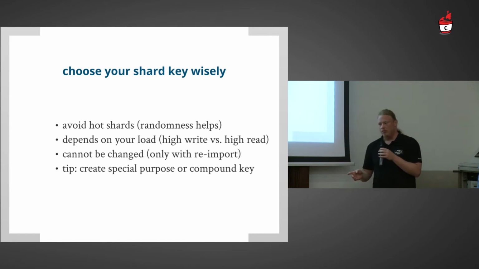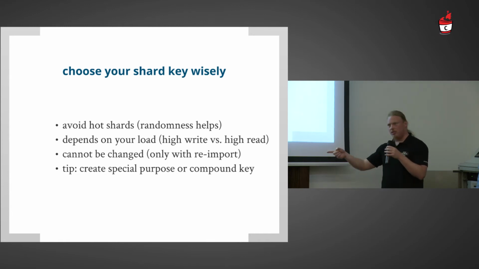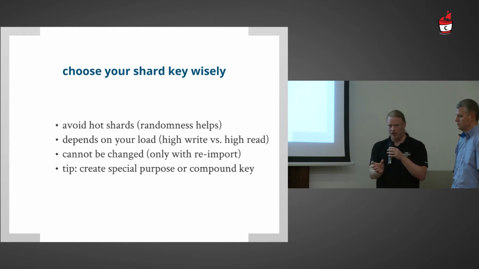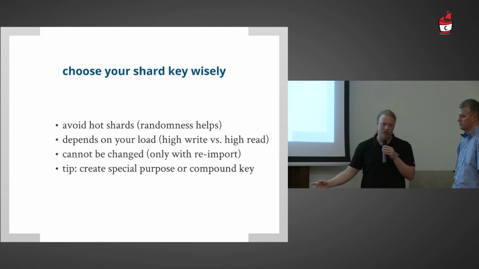And in newer versions now, a short disclaimer: most of the stuff we talk about here regarding MongoDB is MongoDB 2.0, so this is from 2 years ago. I'll try to point out everywhere where I know that they've made improvements, and this is one of them. Right now, you can shard over a hash of a certain field, which of course then gives you the randomness. The other possible solution, and the one we opted for, is to use a compound key.